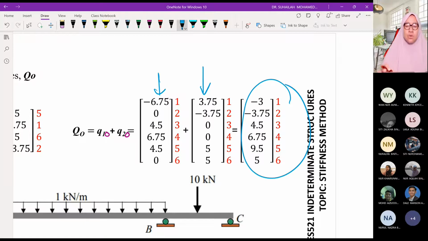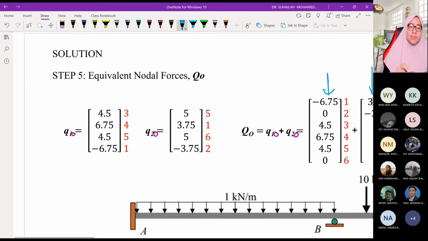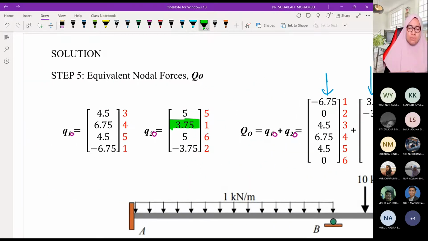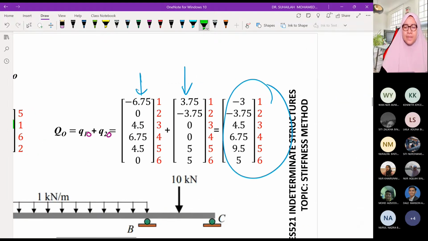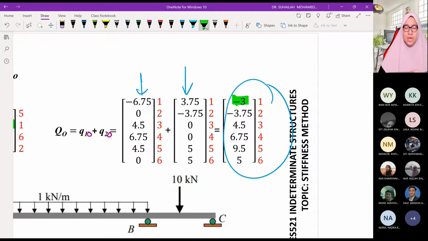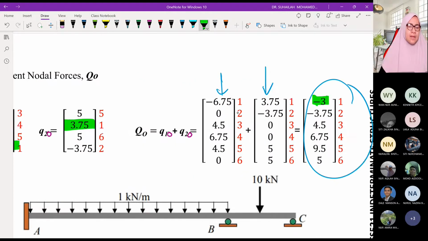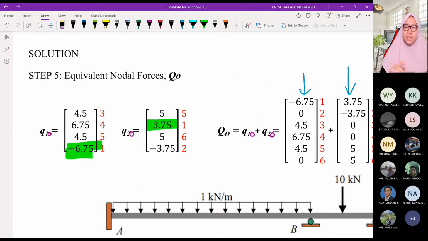Okay, so we want to find the value at position number 1. The value at position number 1, it is 1 and 1. So total that. Okay, total we get negative 3. And then for position number 2, because it must be in order.